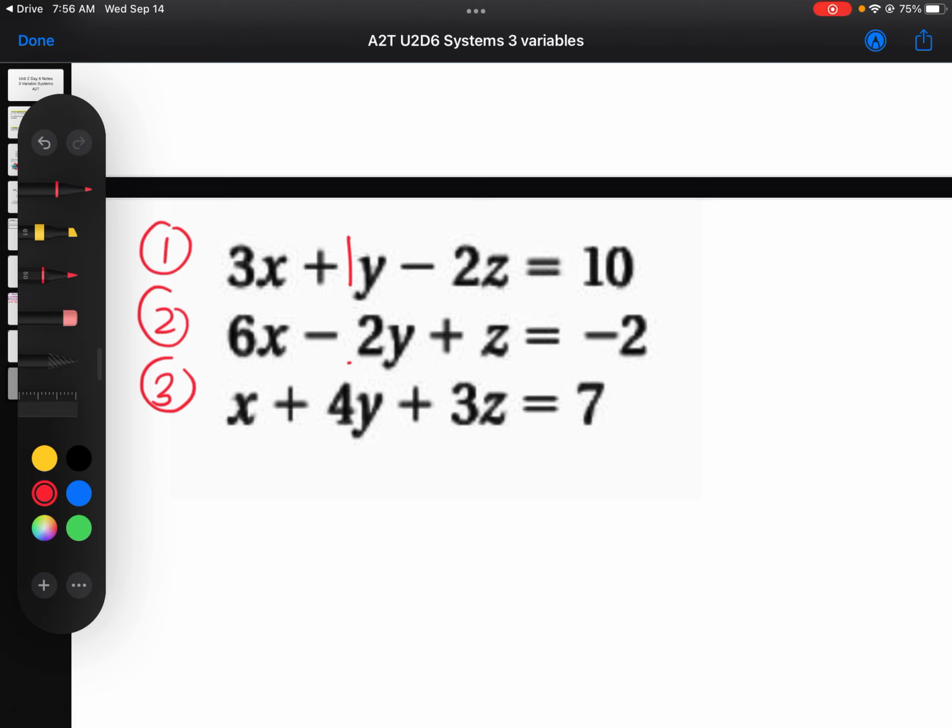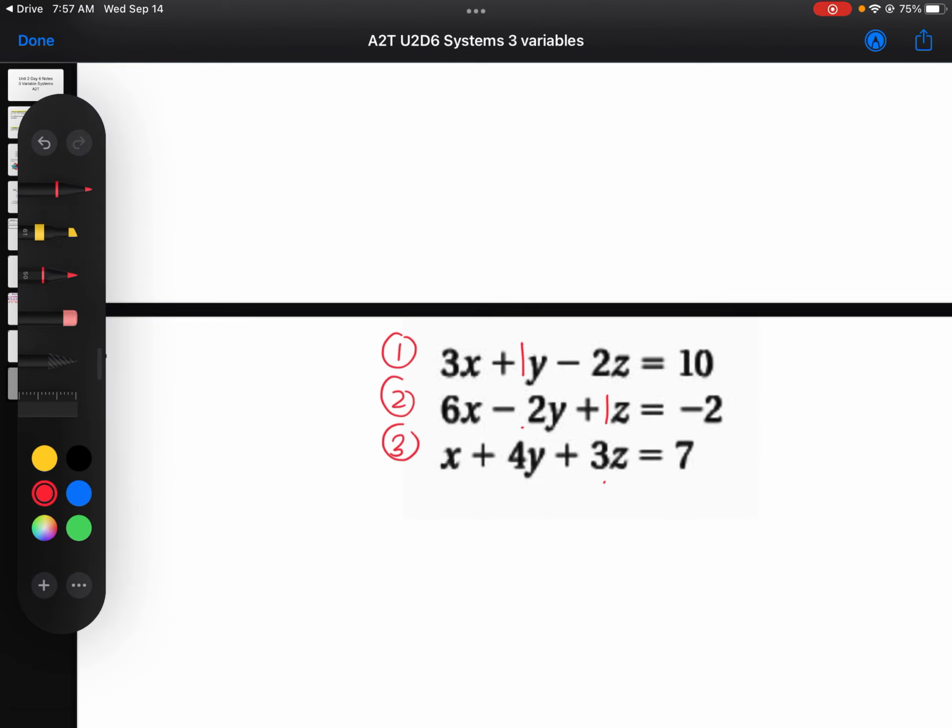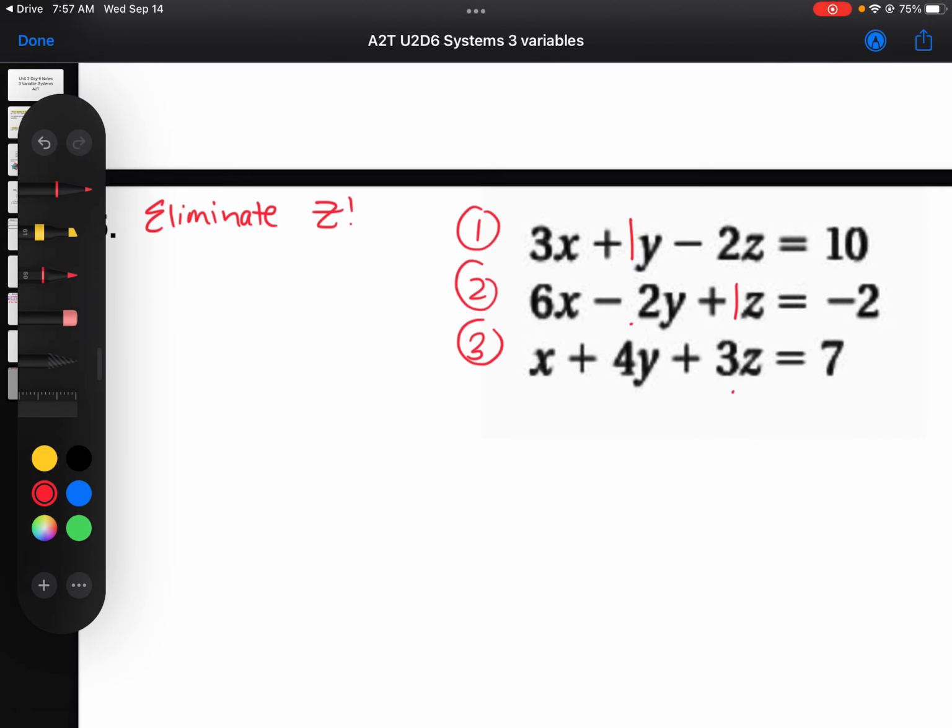My z's, I have a negative 2, a 1, and a 3. So I would go for either y's or z's. To switch it up, this time I will eliminate z's, but I would encourage you either y's or z's. If you want yours to look exactly like mine, eliminate the z's with me.